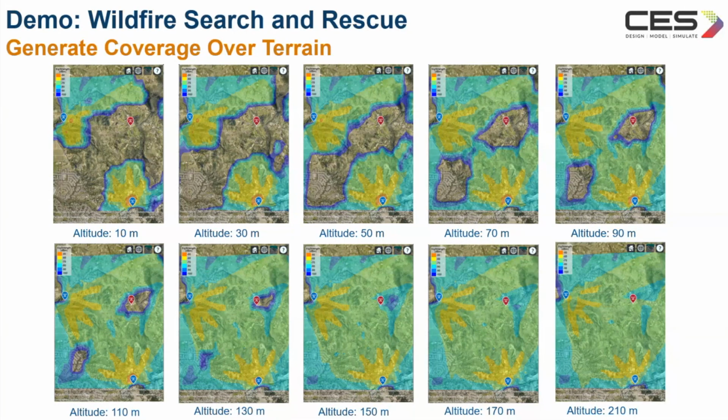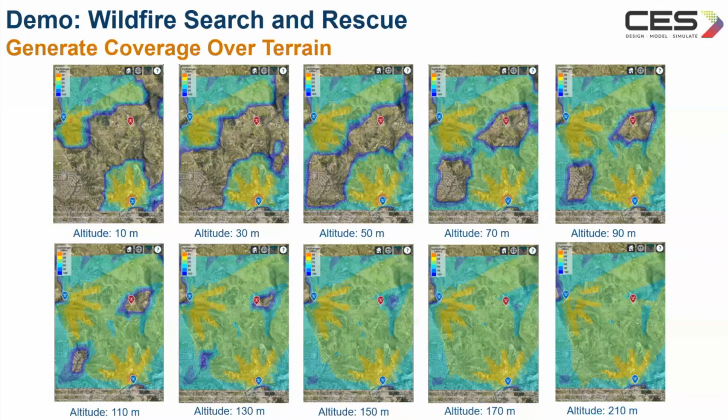At the lower altitudes, such as 10 to 50 or almost 70 meters, terrain features like hills and ridges block the signal, creating, I'd say, significant coverage gaps. As the UAV gains altitude, it achieves better line of sight conditions, reducing the terrain shadowing and expanding the coverage footprint.